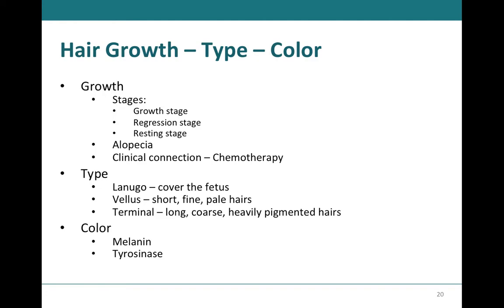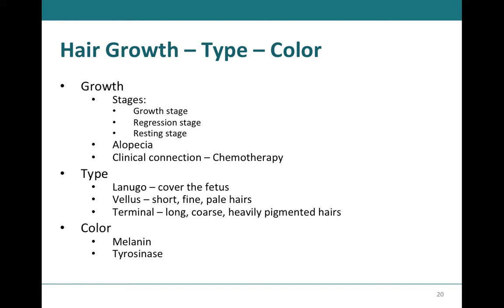So the rate of growth and the rate of replacement here, those things can be altered by our illness, by diet, high fevers, surgery, blood loss, also by severe emotional stress, and also can be based on gender. Chemotherapy is going to be something that can result in hair loss because chemotherapy itself seeks out cells that are actually growing and dividing, or cells that are in the growth phase.